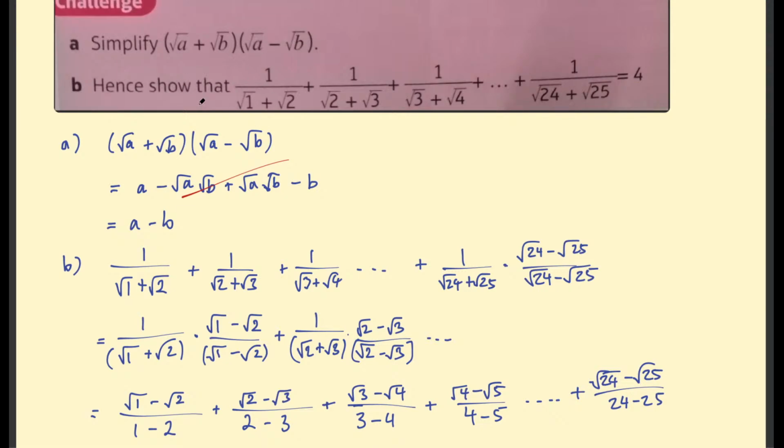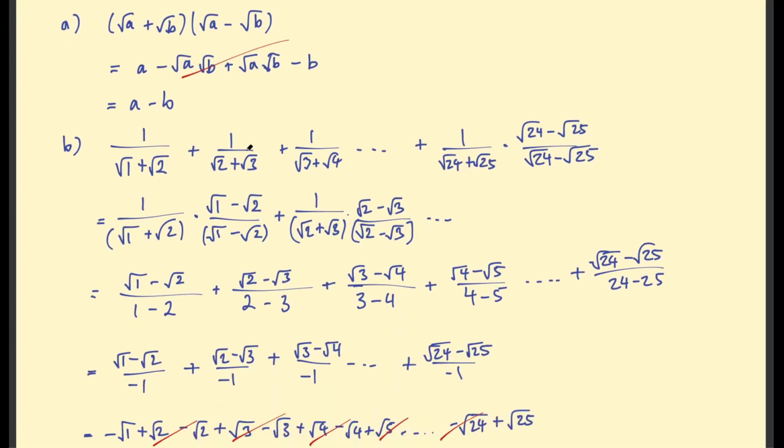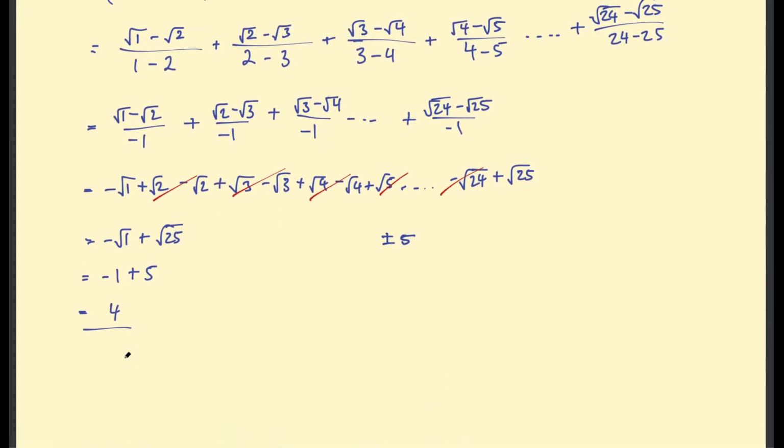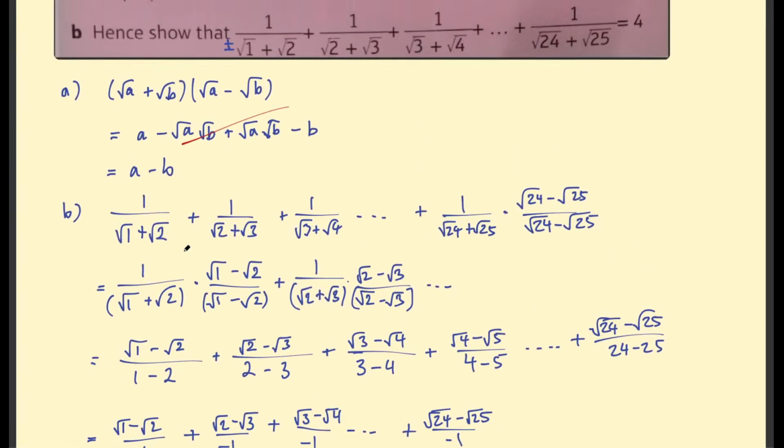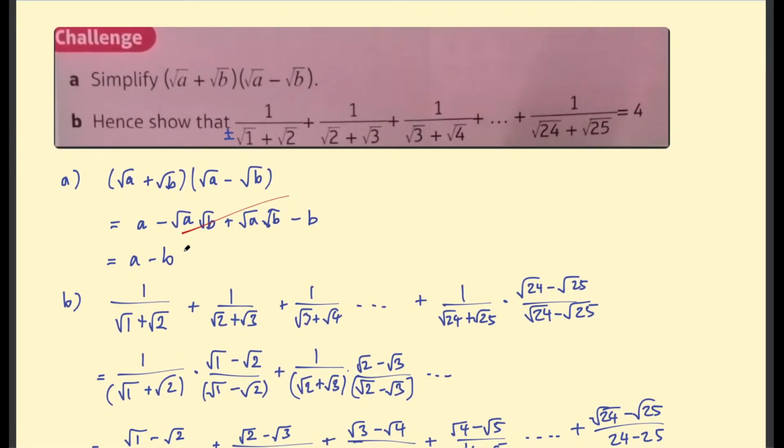They would have to specify in the question it's a positive or negative root 1. At least that's how I understood it. So if they want you to consider all of those possibilities, positive or negative root 1 and positive or negative root 25, they'd have to specify that in the question. Okay, so there you go. That was sent in yesterday, so I thought I'd start off with that one.